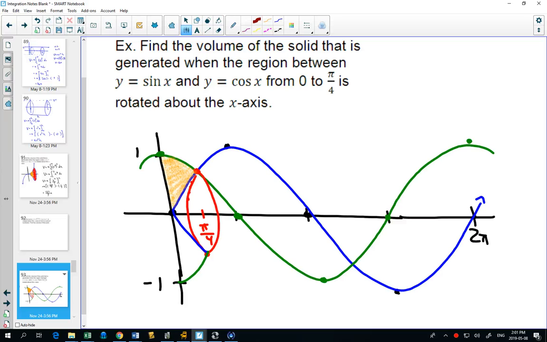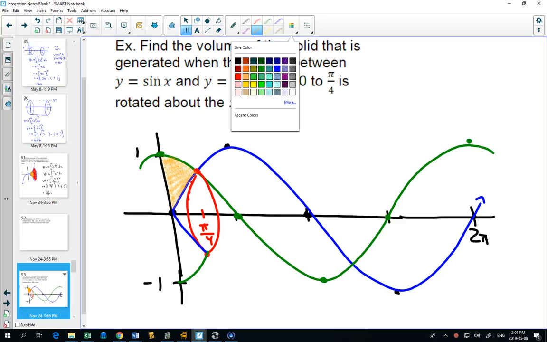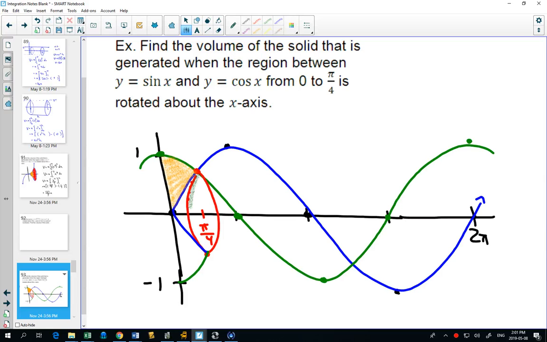Yes? I'm going to say that the volume of the green is the biggest one. If I was going to do that shape, I would have dark green here for this circle and a lighter green for the outside.